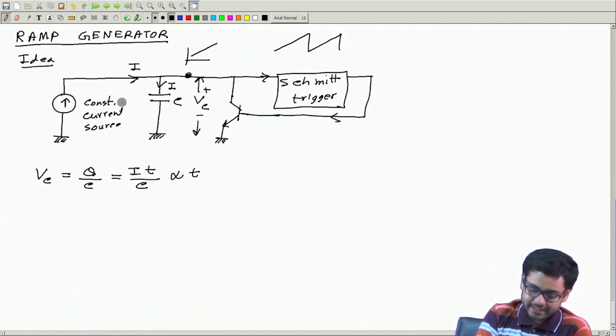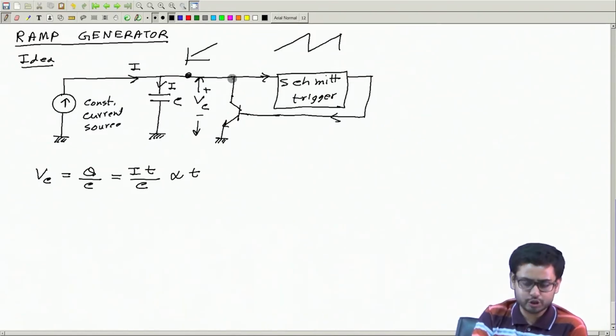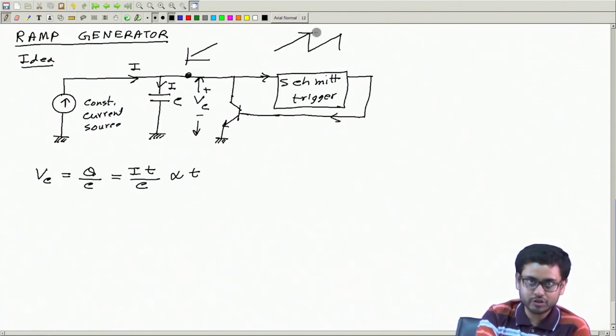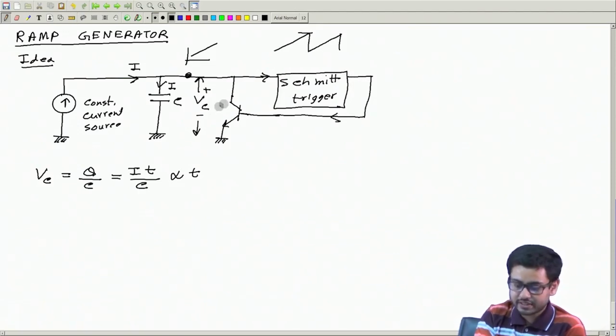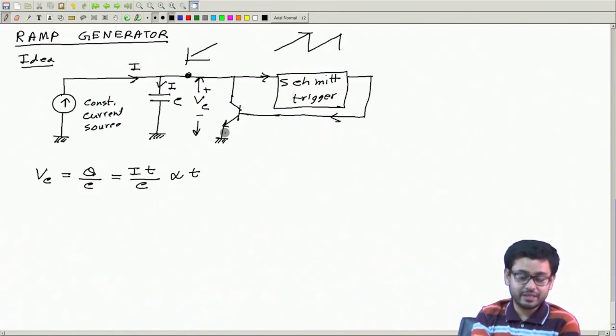So the idea is that when this voltage goes up above some threshold, then this Schmitt trigger will be turned on and this switch will be on. So now the capacitor will discharge, and it will discharge immediately and quickly.